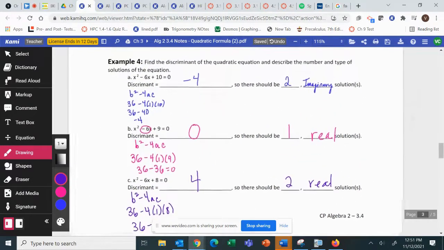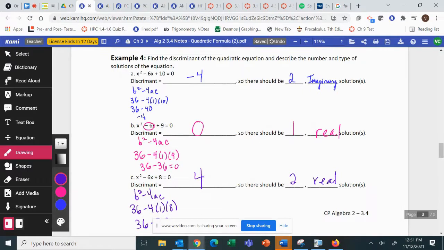These are like the only scenarios that you could possibly have. When we talk about x-intercepts, you could have no x-intercepts, you could have 1 x-intercept, or you could have 2 x-intercepts. Those are the only scenarios that you could ever have.